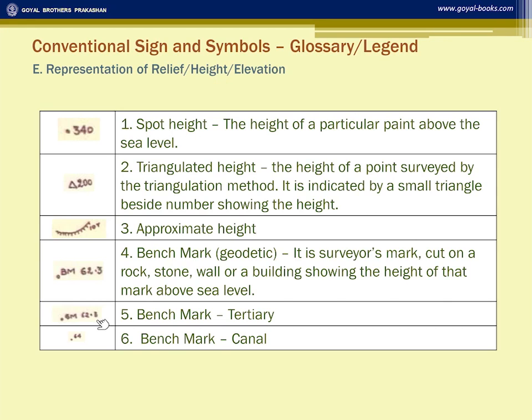Benchmark is the same. It is tertiary, and the benchmark for the canal is shown in this dot with the height written in brown. That is the difference. BM, benchmark, and the mark for the canal is always shown in brown.